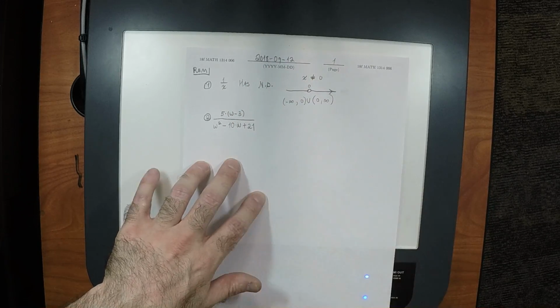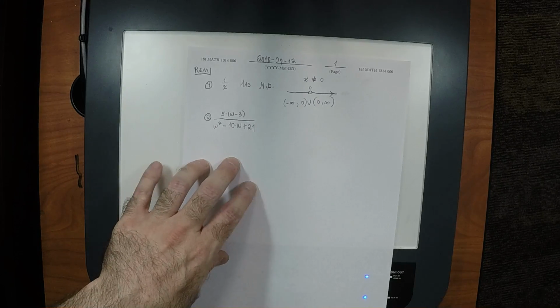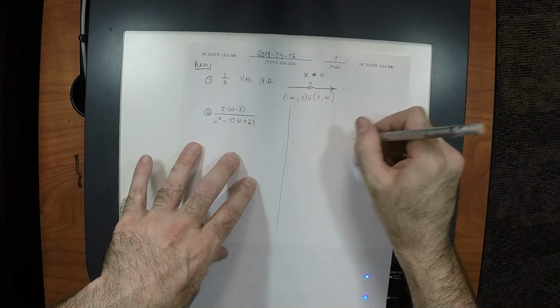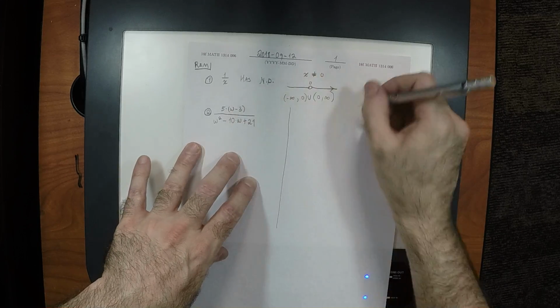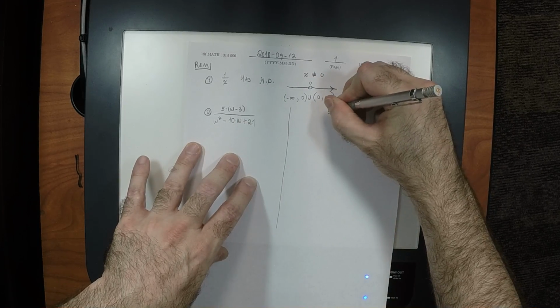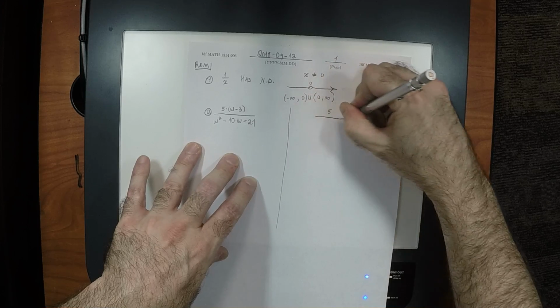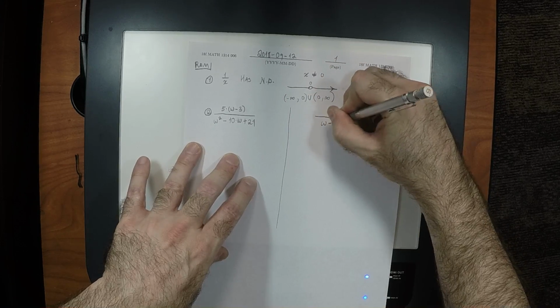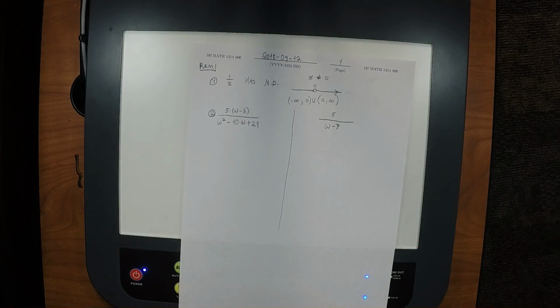So there's an expression in w. And now, as a separate matter, but parallel, consider this expression over here: 5 over w minus 7. So these 2 expressions are similar.